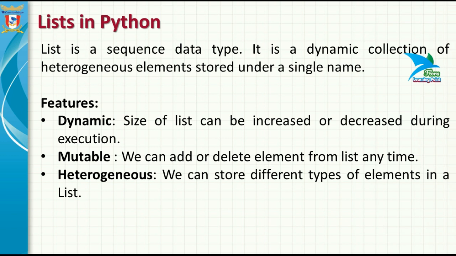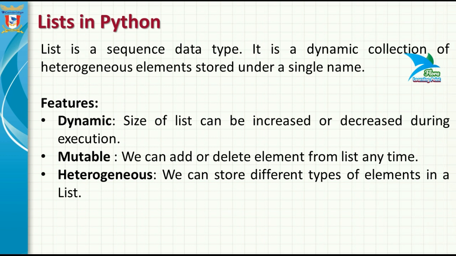The next feature is heterogeneous. We can store different types of elements in a list. If we compare a list with arrays, an array is another concept in all languages. An array is a homogeneous collection of elements, but a list is a heterogeneous collection of elements.